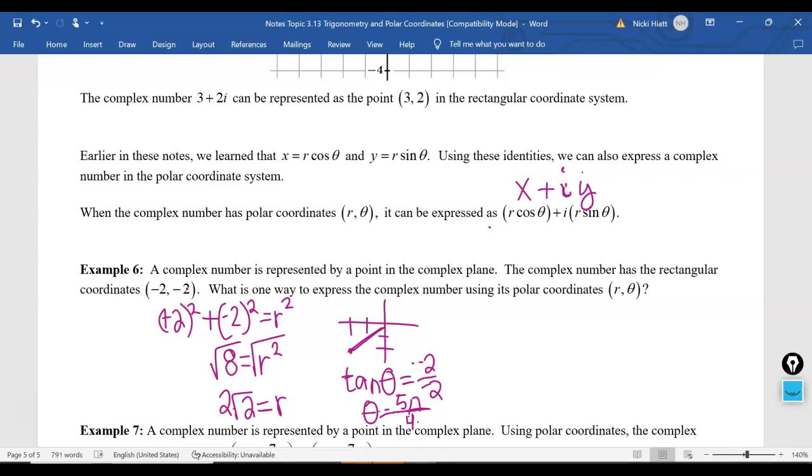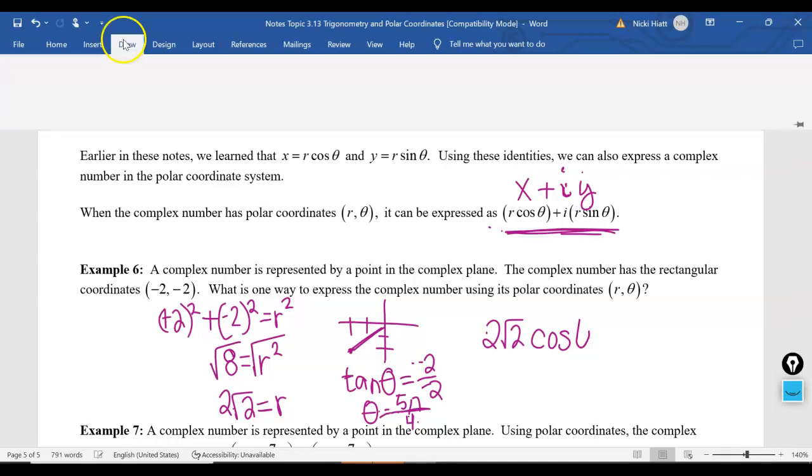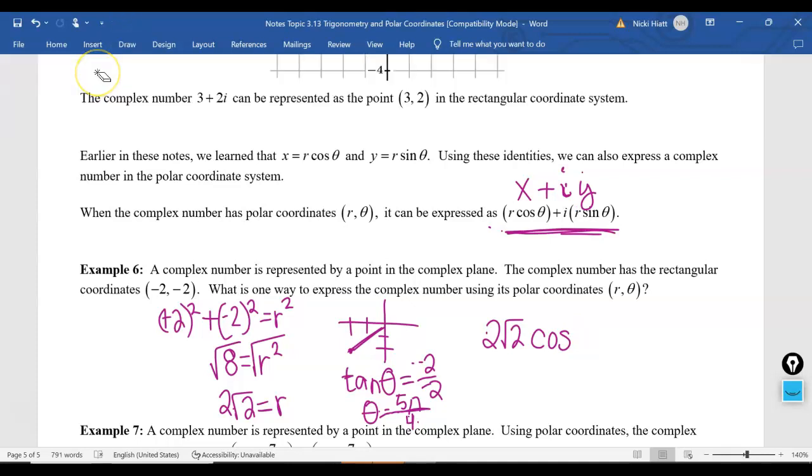So if I want to use this form right here to represent my complex number, I could use my radius, which is 2 square root of 2, and then cosine of theta. Well, actually, instead of theta, let's go ahead and put in our angle we found for theta.